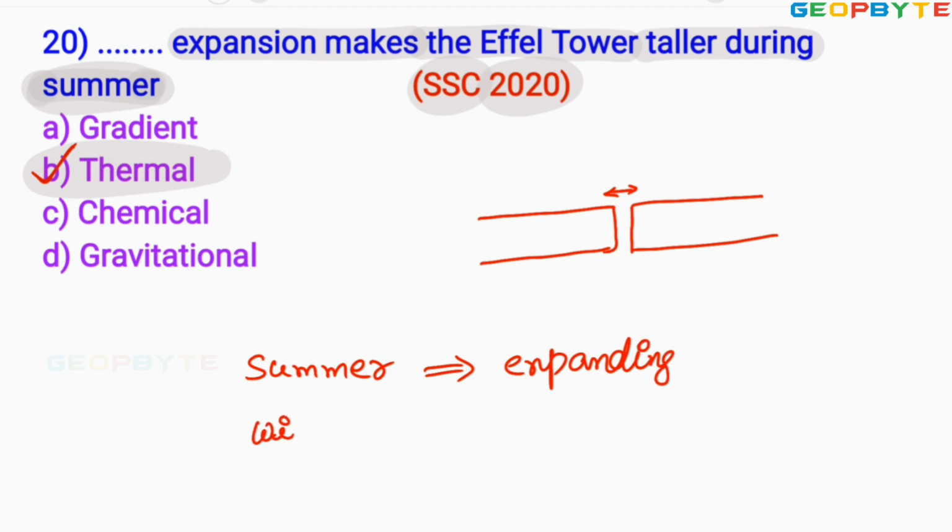That gap allows the expansion and contraction during the summer season and winter season. In general, metals expand in the summer season and contract in the winter season.